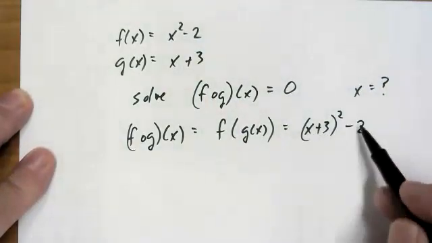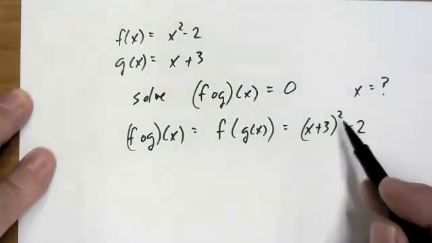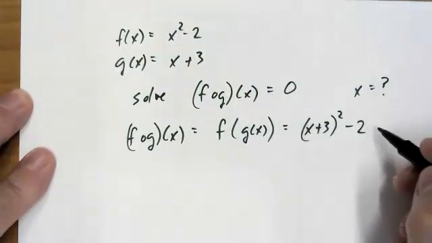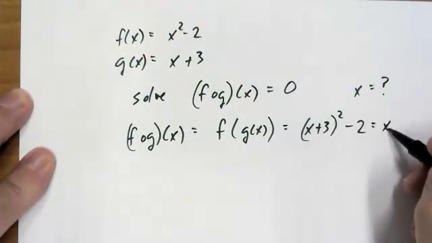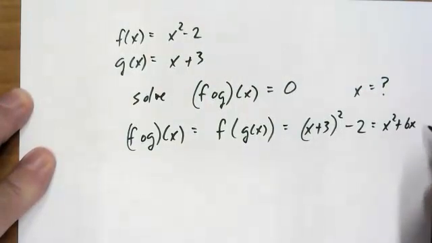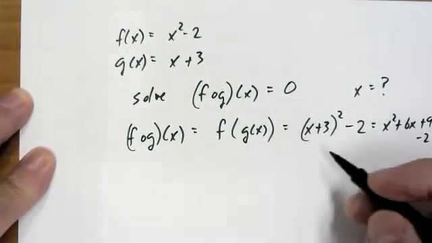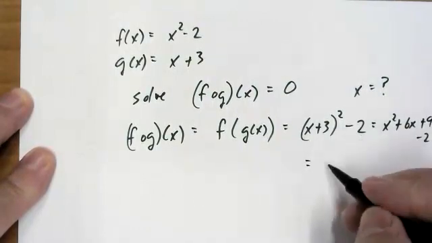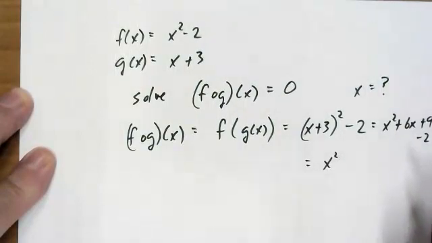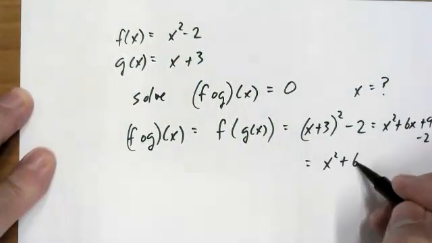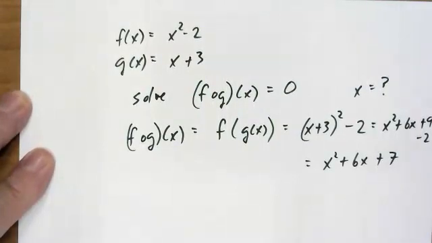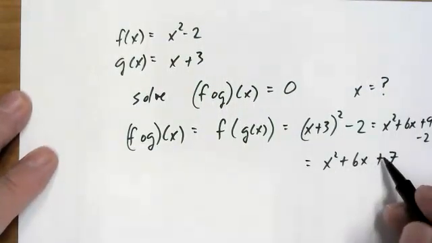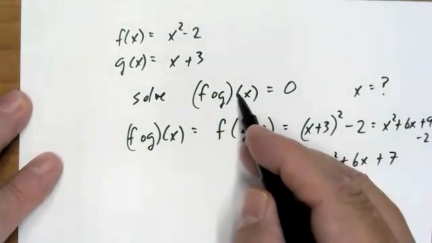So this is now this composite function. Let's go ahead and multiply it out. So this is going to be x squared plus 6x plus 9, and I still have the minus 2. So when it's all said and done, x squared plus 6x plus 7. So this right here is f composite g of x.